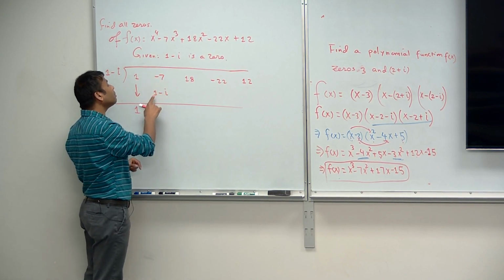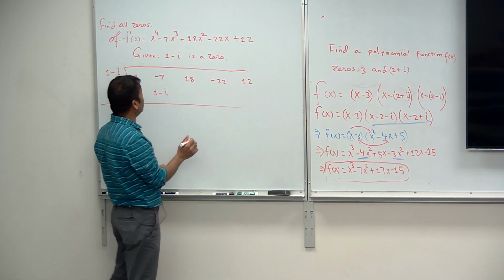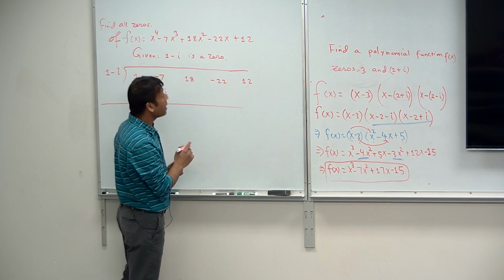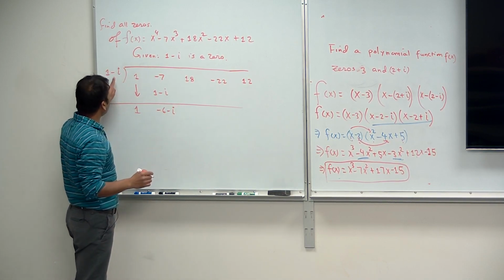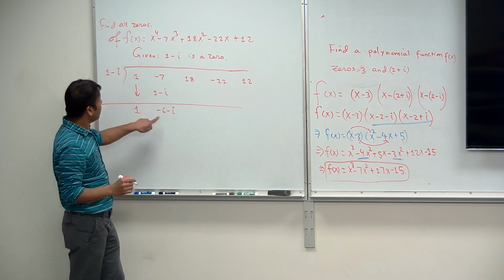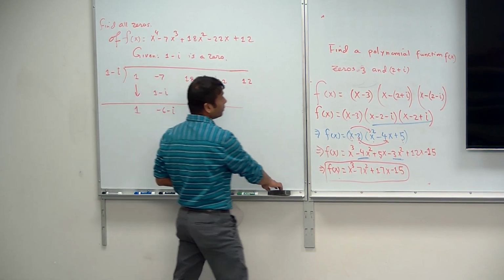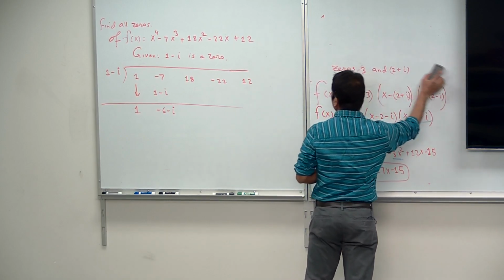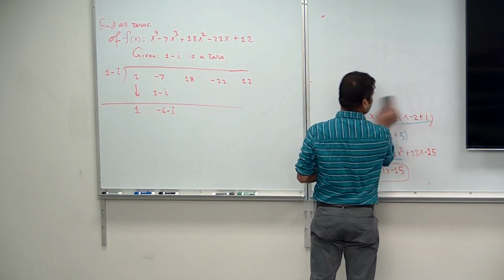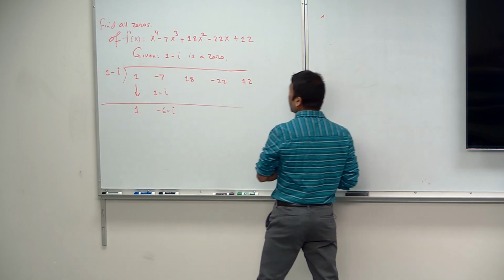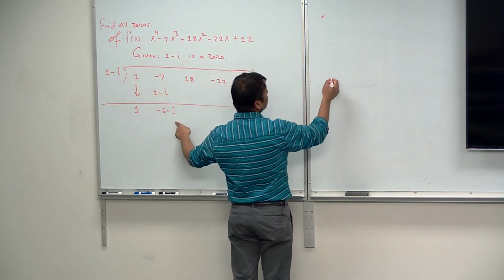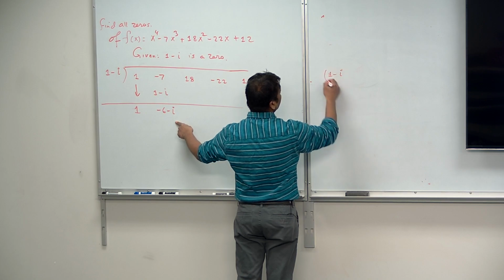Negative 7 plus 1 minus i. What is that? Negative 6 minus i.